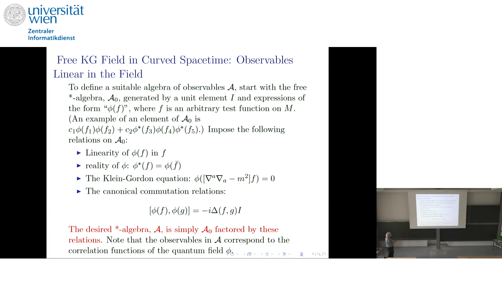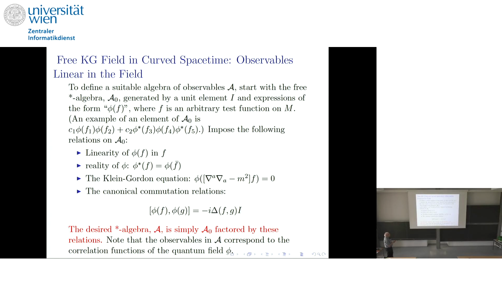So specifically, for the formulation of the Klein-Gordon quantum field theory in curved space-time, we're only going to attempt to describe observables linear in the field, so not phi squared things, but distributions in phi.